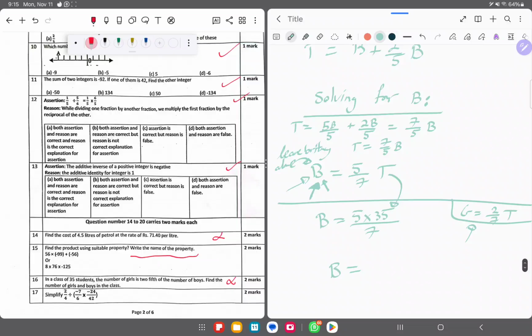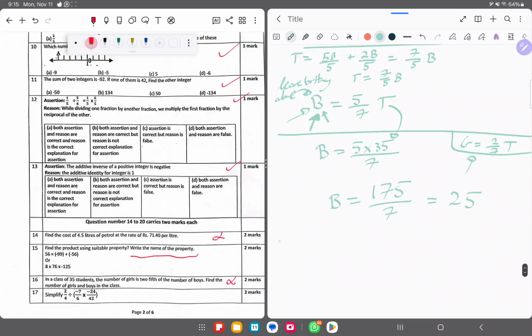So B is equal to 175 divided by 7. I'm going to show you the link in the end, or maybe during the next class. But I was trying to make a link. Sorry. 175 divided by 7 is 25. So I've got 25 boys.